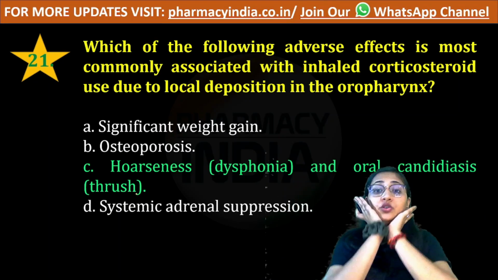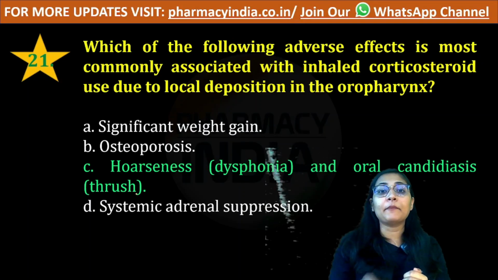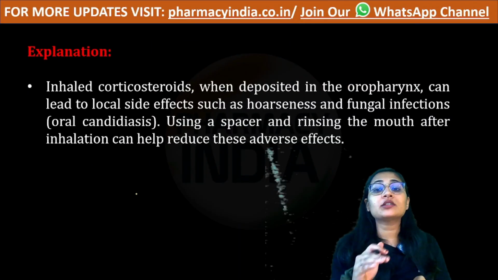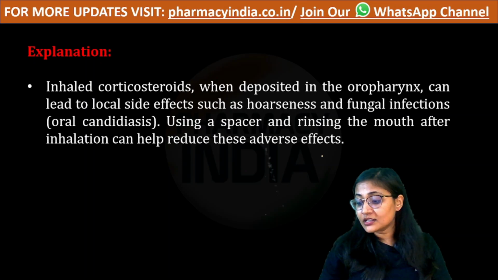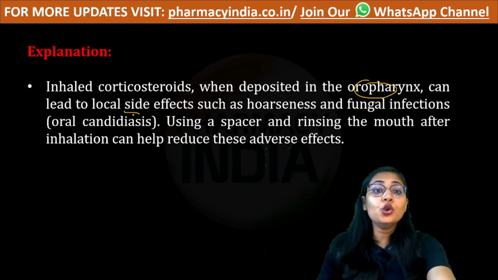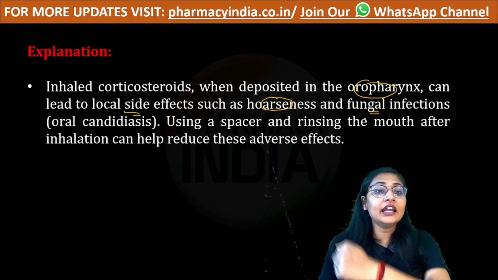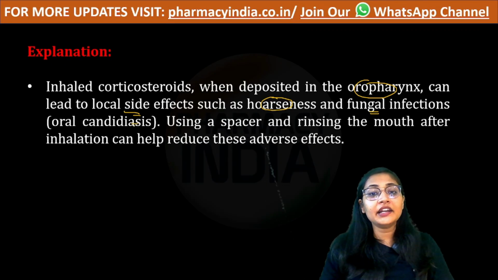So you see, if an inhaled corticosteroid is taken, then what happens? It gets deposited in the oropharynx. When it gets deposited there, this would lead to local side effects such as hoarseness in your voice and fungal infections such as oral candidiasis.